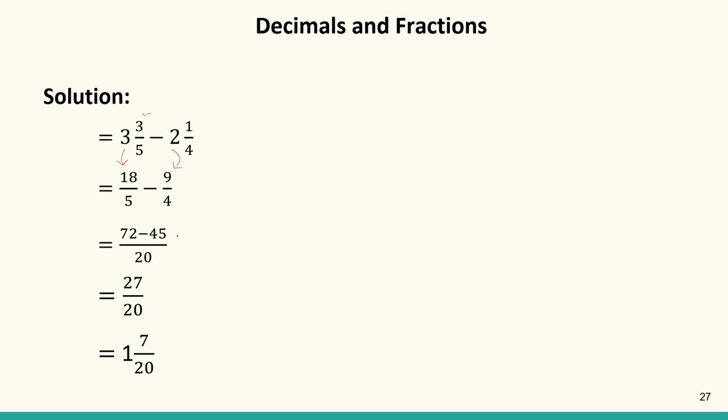Then we use the LCM of both the denominators. After getting the LCM, that is 20, we make each fraction a new equalized fraction that has denominator 20, and we get 72 in the numerator and 45 in the numerator in this case and this case. Then what we get is 27 by 20. That can be written in mixed format, 1 whole and 7 by 20th.